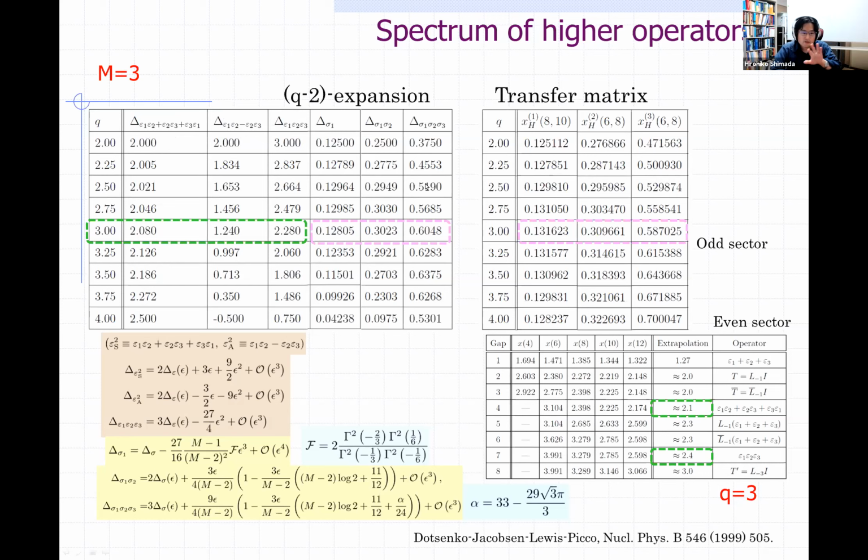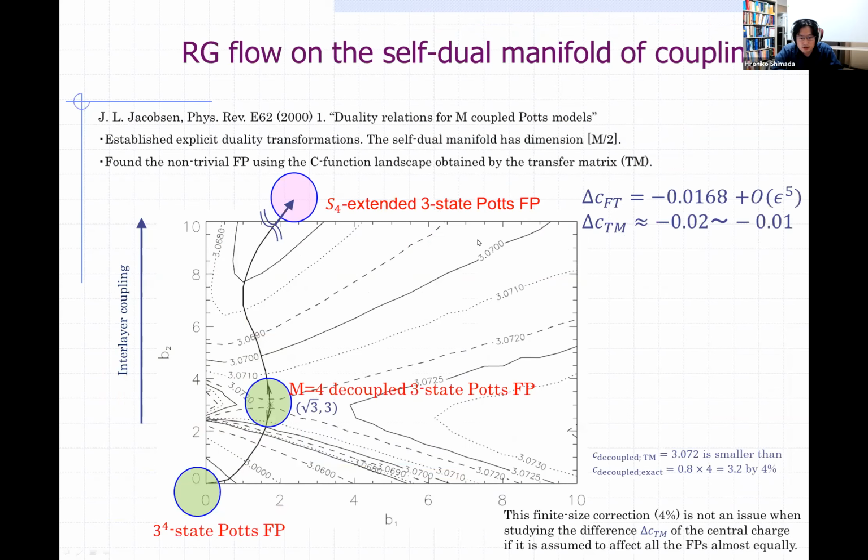On the left side, I quote the results from conformal perturbation theory, like this for m equals 3, and for the odd sector, I mean the spin sector, they obtain this result. And here is a table for the odd sector, and it compares to this result from transfer matrices. Okay, it agrees.